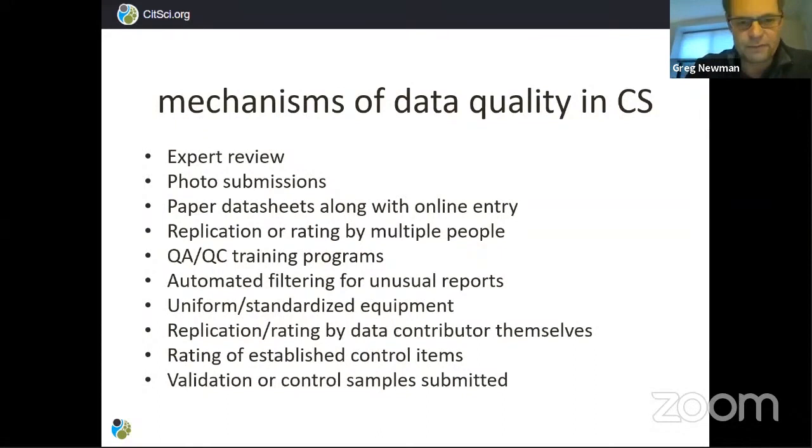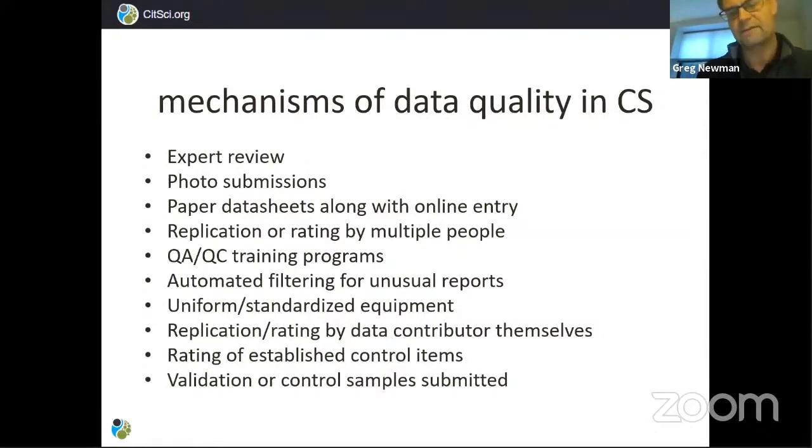And these include expert review, photo submissions, paper data sheets along with online submission to look at data entry errors, replication or rating by multiple people, quality assurance, quality control, participant training programs, automated filtering for outliers or unusual reports with range outliers, as mentioned in the GLOBE program and Yaxine slide, uniform standardized equipment, replication rating by data contributors themselves, rating of established control items, and validation or control samples.